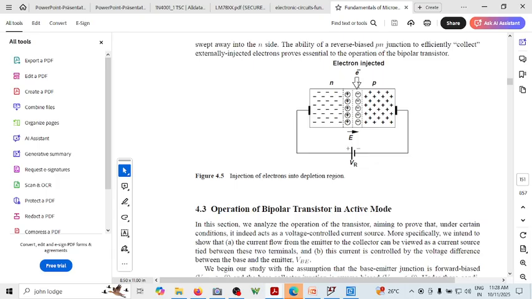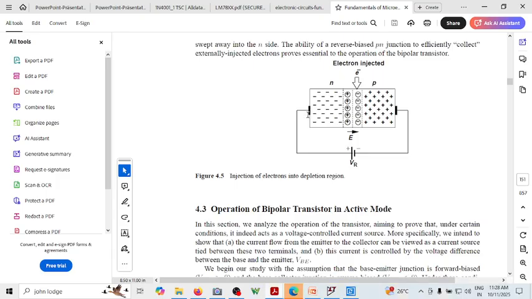These electrons will be drifted towards this positive terminal which is there at the inside. So these electrons will be attracted by the positive voltage which is there at this point. So these electrons which are injected will be coming and reaching this particular terminal.